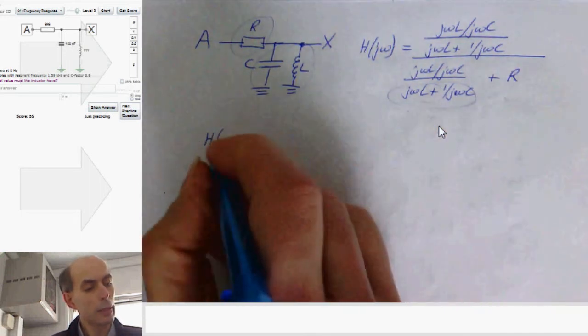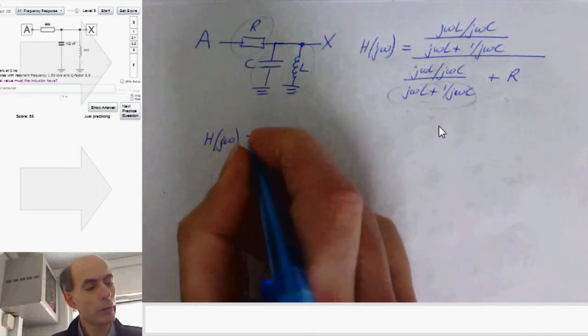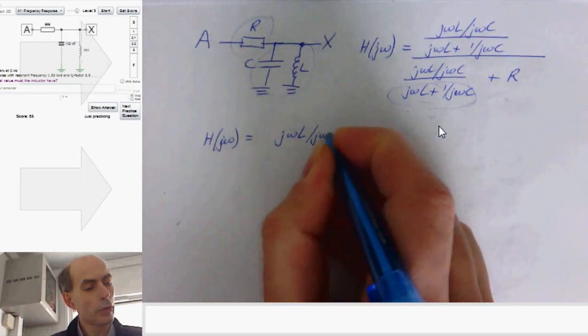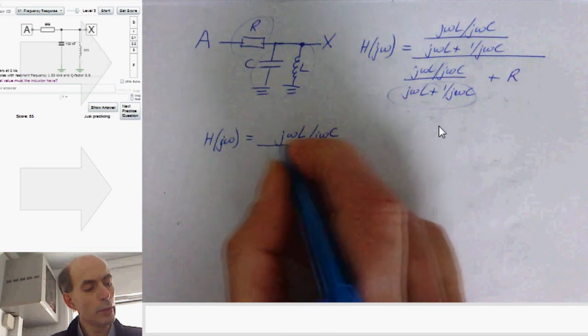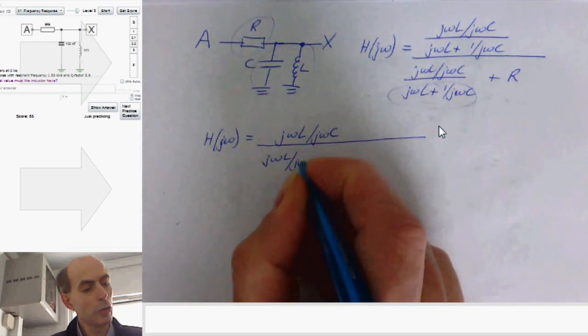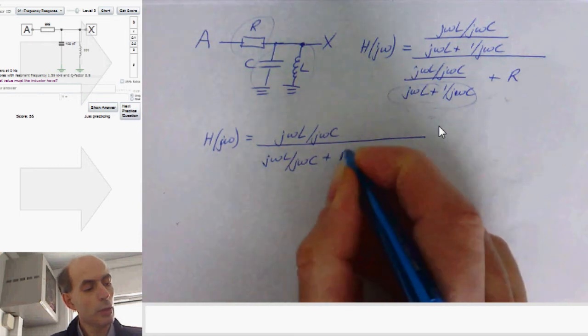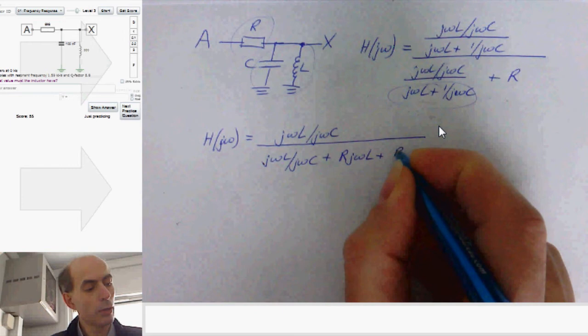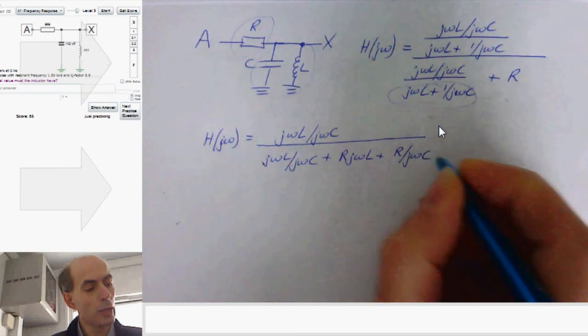That would give me H of j omega being equal to j omega L over j omega c divided by j omega L over j omega c plus R times j omega L plus R over j omega c.